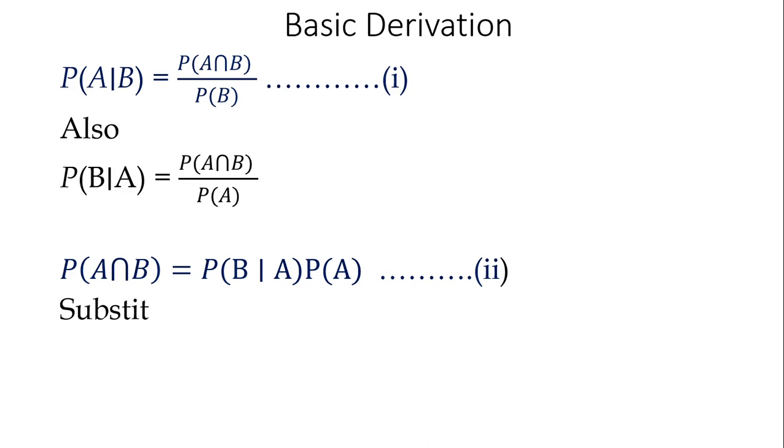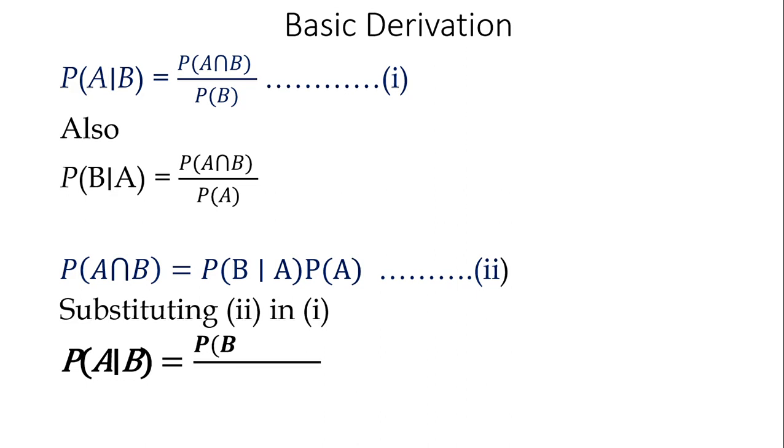If we substitute equation 2 in equation 1, we're able to come up with the basic Bayes theorem, which denoting events A given B is probability of B given A times probability of A over probability of B. Now the detailed derivation may be a bit complicated, but also uncalled for. But this is our basic derivation, not so important in itself, but again, it is to establish our understanding of the theorem.